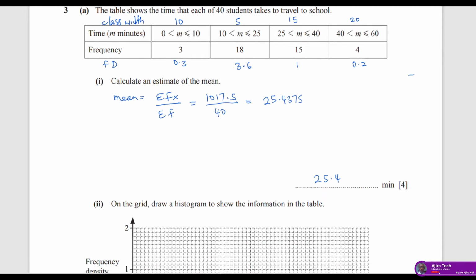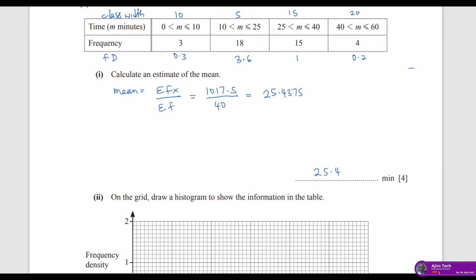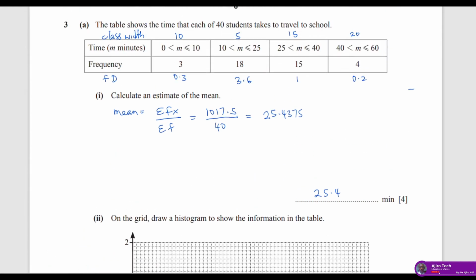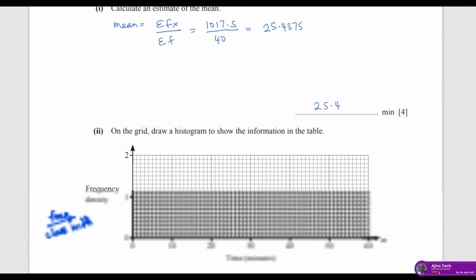So now let's check: 0 to 10 should have height 0.3. There are 10 boxes here, so 3 of them is 0.3. So this point should give us 0.3. The next one is 10 to 25, which I said is 3.6.